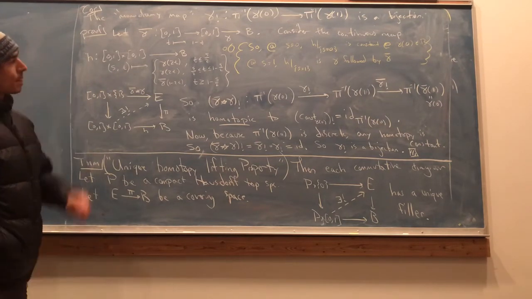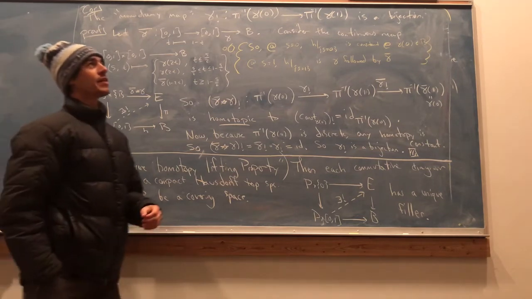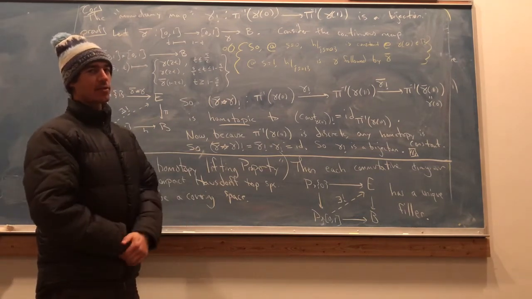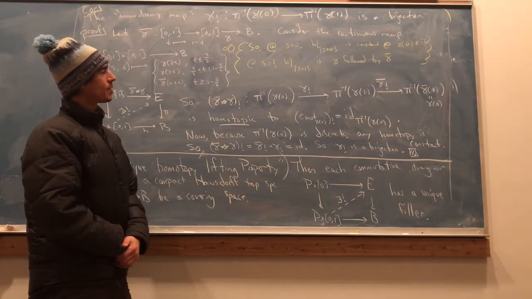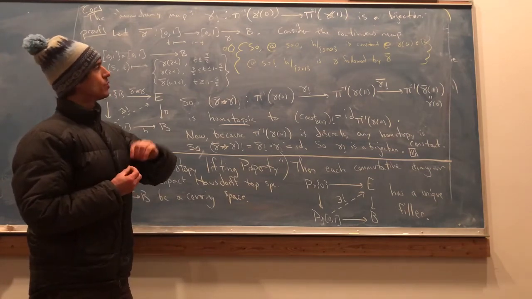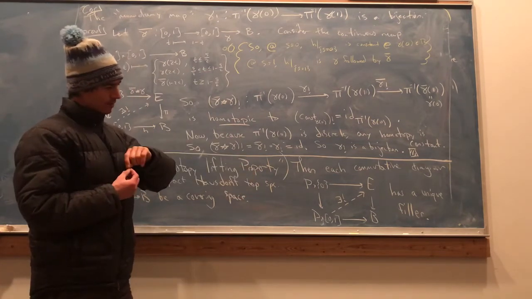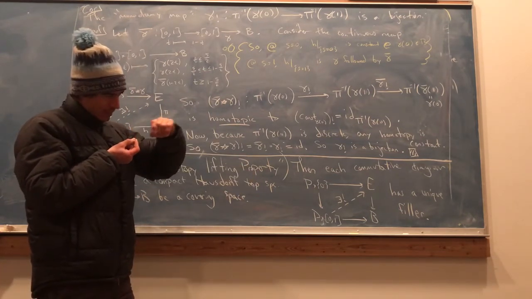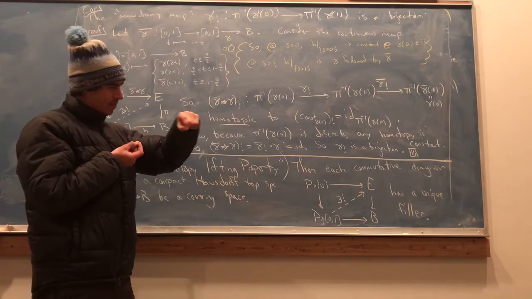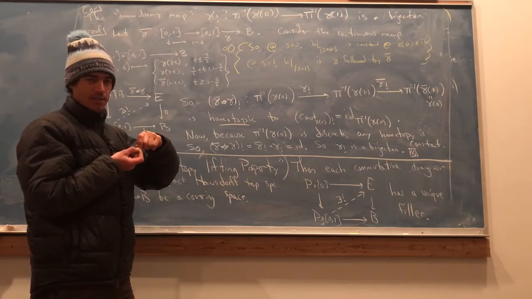So there's a sense in which that path is inverse to gamma. Namely, if you do gamma and then do this gamma bar, you just trace out a path in the base and then trace it exactly backwards.